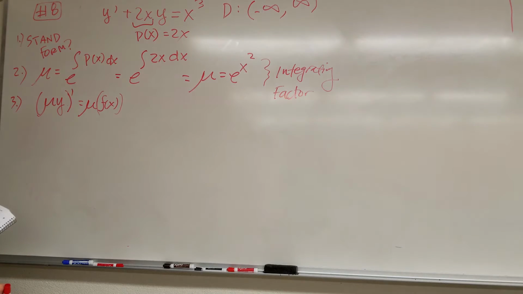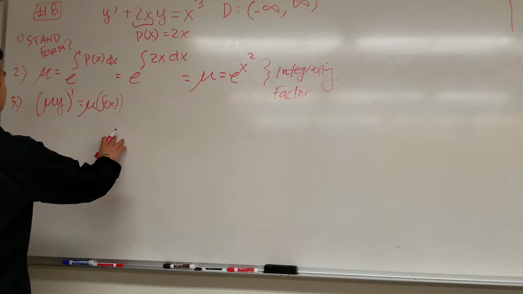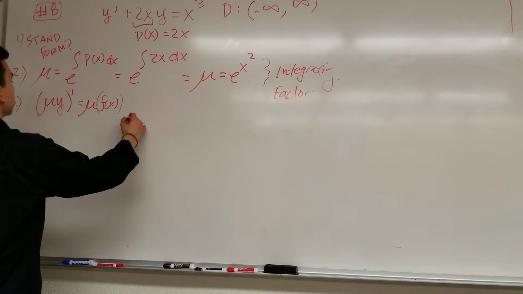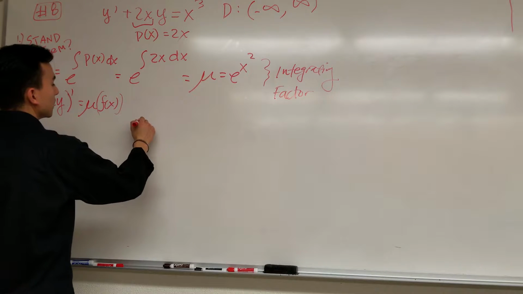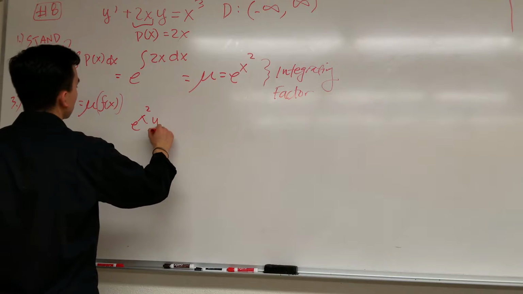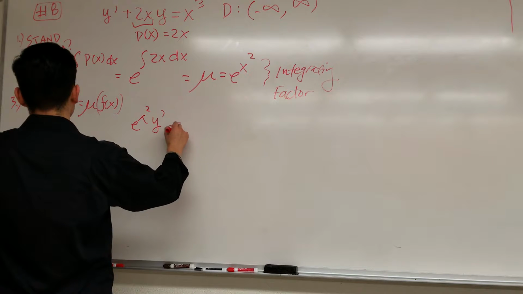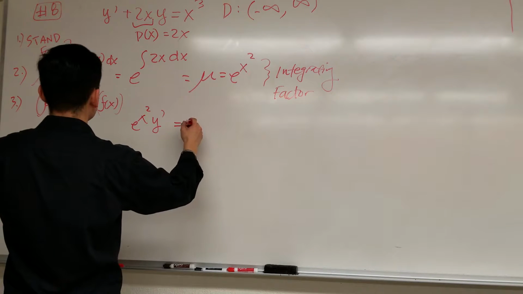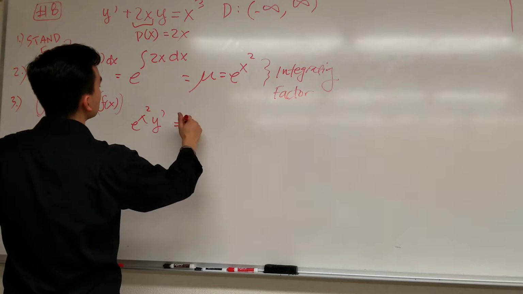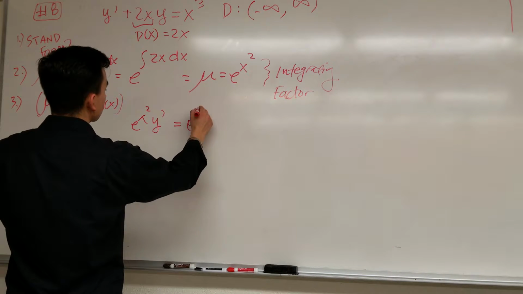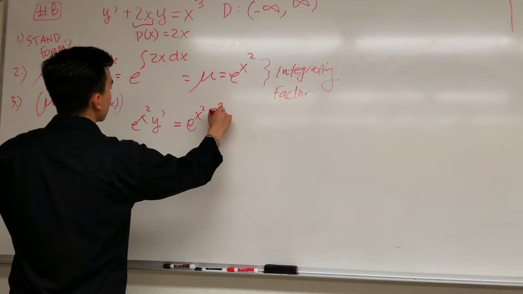So now we have to multiply that to both sides of that equation. Now we have e to the x squared y prime equal to e to the x squared times x cubed.